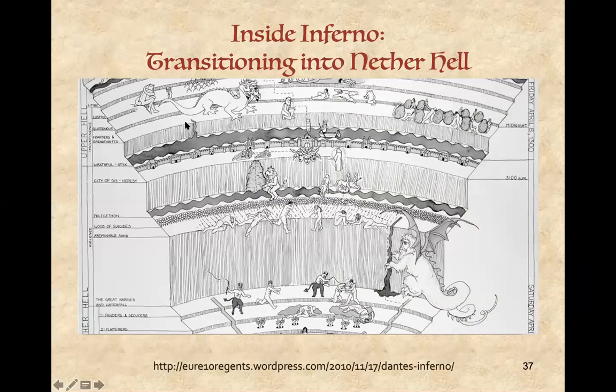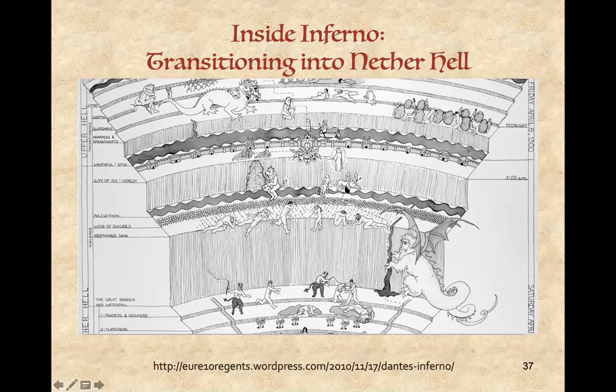There are a number of other important meetings with other people in the circle of violence that we don't have the time to go through. But as I said, after that, there is a new challenge. And that is this huge abyss, this chasm that is impassable. And just to make clear how terrifying this is, Dante hears the roar of a waterfall.